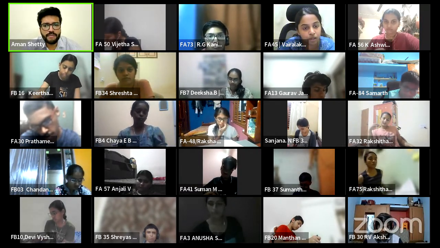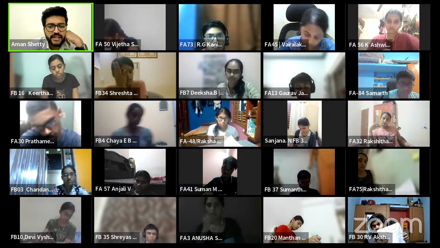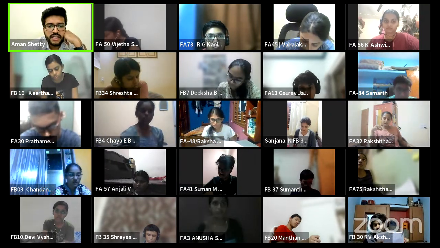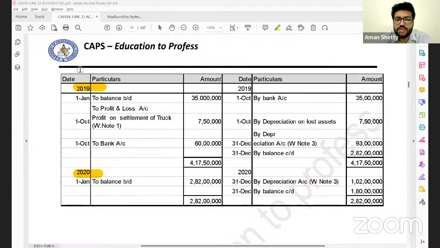So your homework is you have to prepare the ledger account. Can you guys do that? Yes, sir. And anyway, go through the screen here. Yes, all of you look here. So 2019, to balance brought down 35 lakh. We have computed here, right? Within bracket write down working note number 2, 3 crore 50 lakhs.